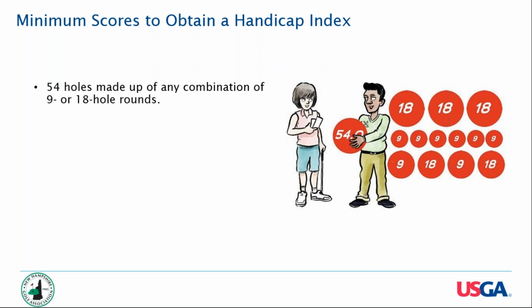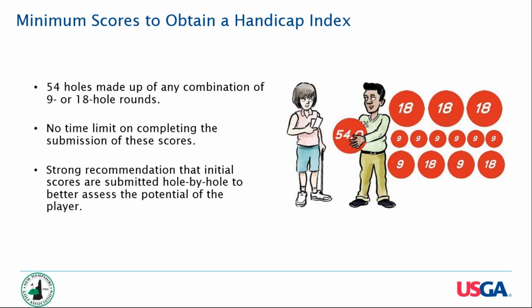This goes back to inclusivity and encouraging golfers that play more sporadically to establish a handicap index, making it easier for them to get that number. There's no time limit on completing the submission of these scores, but it's strongly recommended that initial scores are submitted hole by hole to better assess the potential of the player.